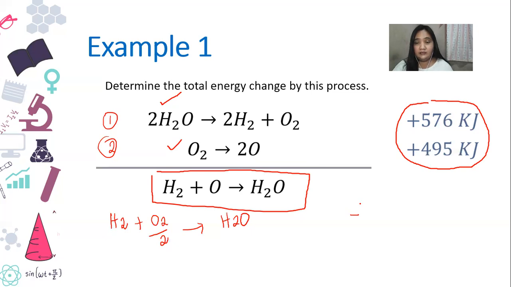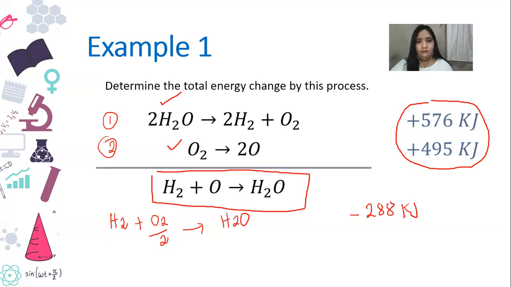Since I divided the reaction by 2, I also have to divide the heat by 2. So it's 576 divided by 2, so we have a negative 288 kilojoules.